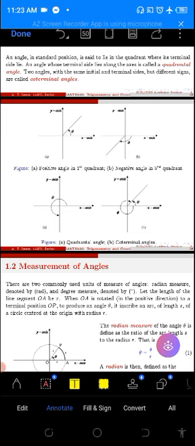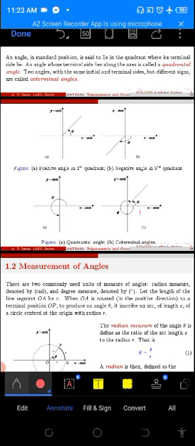On the second part of the diagram, the B part, you see that the initial line is on the x-axis. Here is the initial line, and both angles have the same terminal line, which is this line.